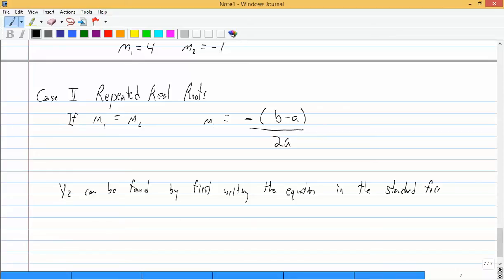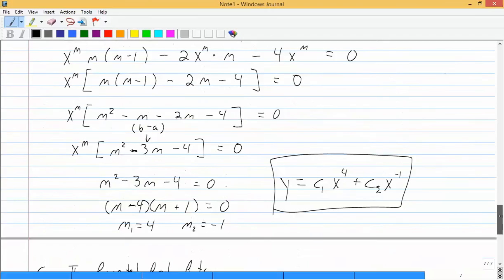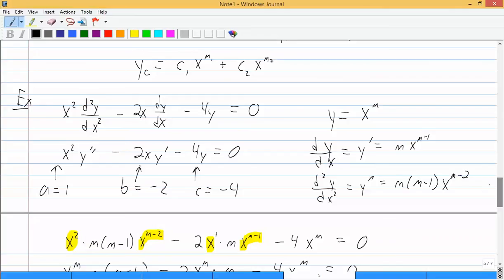Remember what standard form is. Standard form is where you get the second derivative by itself. Now that's going to have consequences because remember what's in front of a Cauchy-Euler second derivative, an x squared. So then you're going to divide this by x squared, and you're going to divide this by x squared.